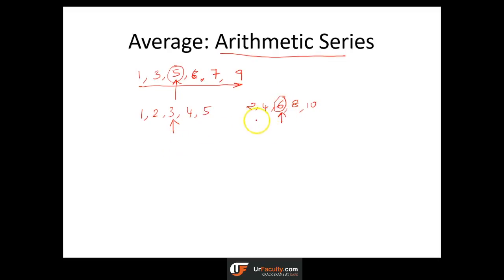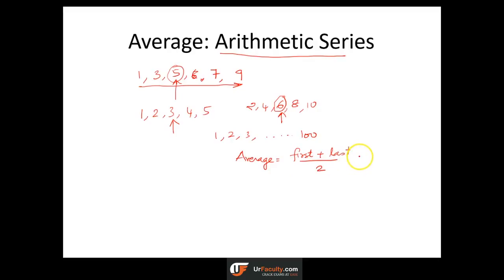So what is the shortest shortcut for doing this? Now let's assume that you are given a question where you need to find out the average of the first 100 numbers. 1, 2, 3 till 100. The easiest formula to do this is: average is equal to first number plus last number by 2.